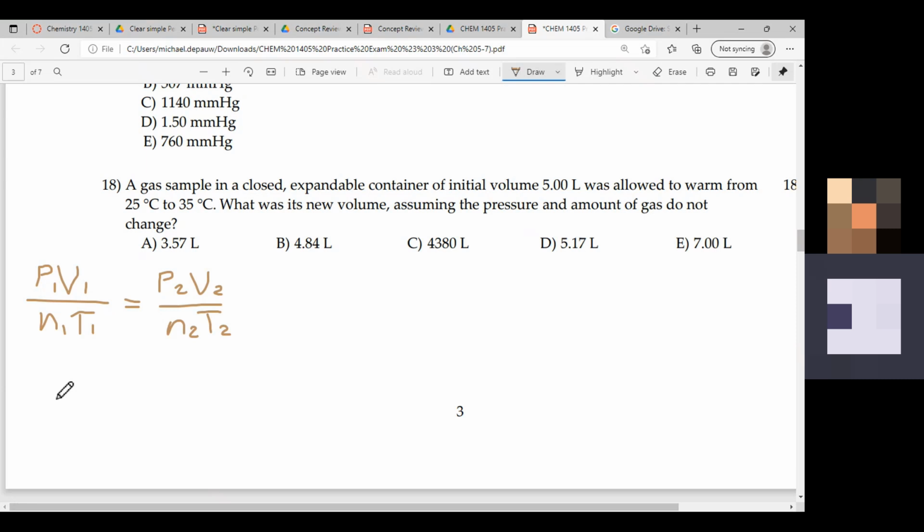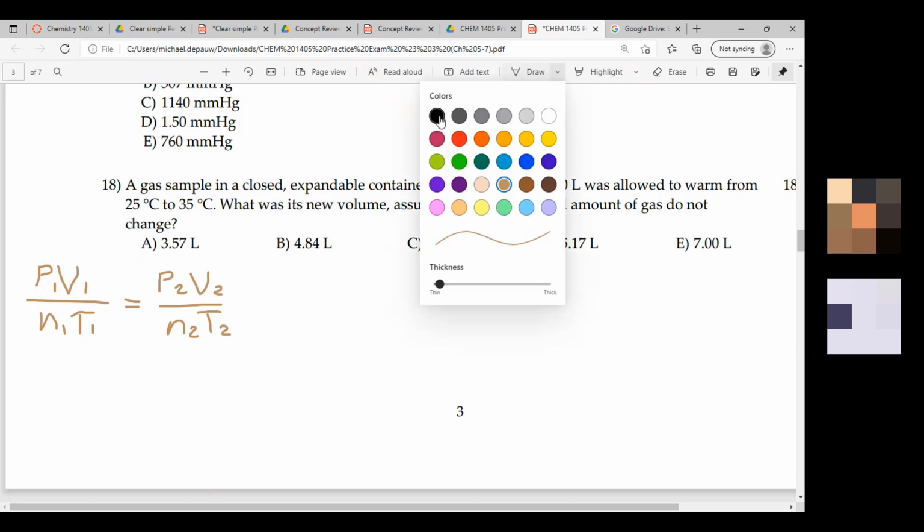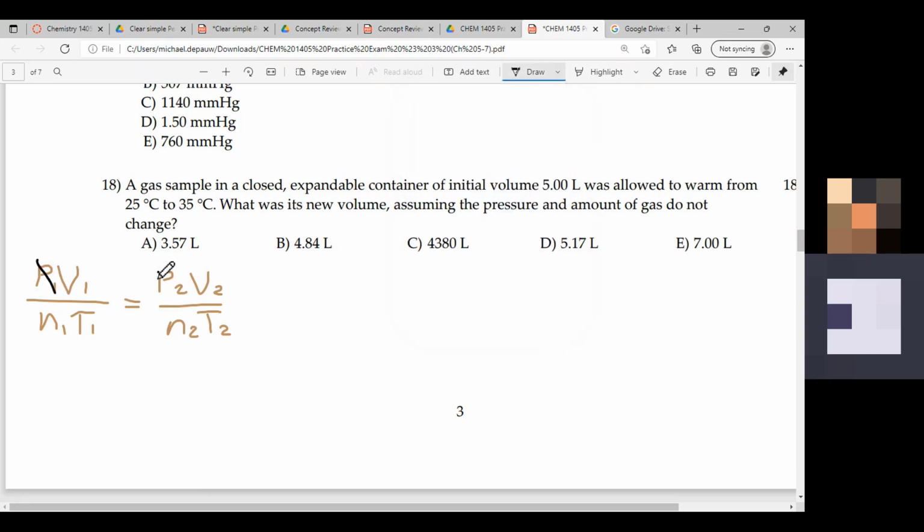In this case, it says the pressure and the amount of gas do not change. In that case, what two things should I ignore? The pressure and the moles, N. So that gives me the equation that I'm going to use for this, which is V1 over T1 is equal to V2 over T2.